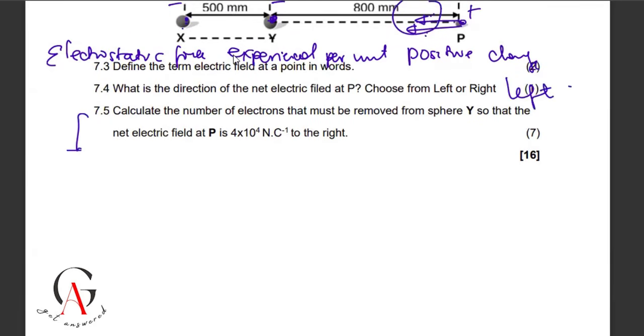And then 7.5, the number of electrons that must be removed from sphere Y so that the net electric field is this. So we're going to start by looking for the net, before we look at sphere Y. We have the net electric field, meaning that the E of X plus the E of Y should give us 4 times 10 to the 4, but this is now to the right.